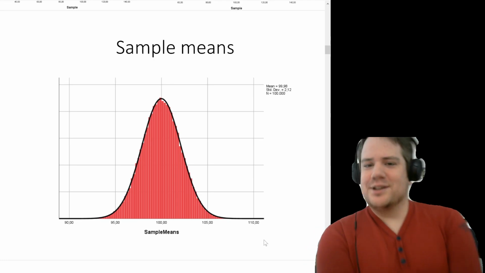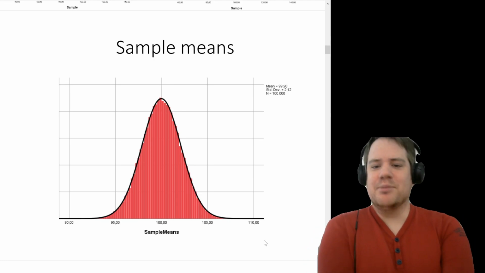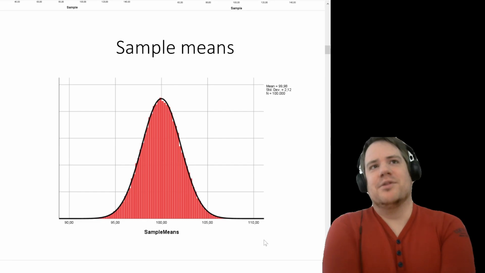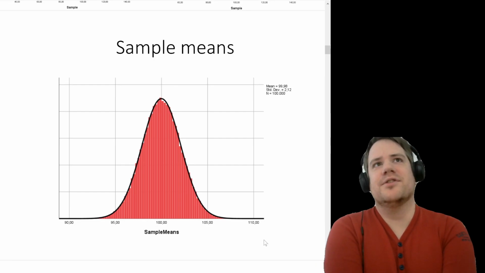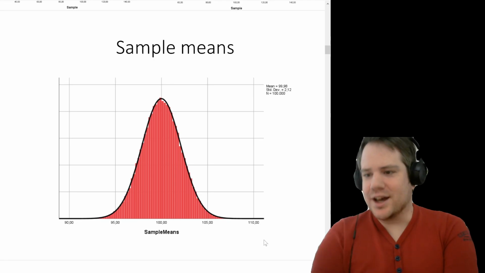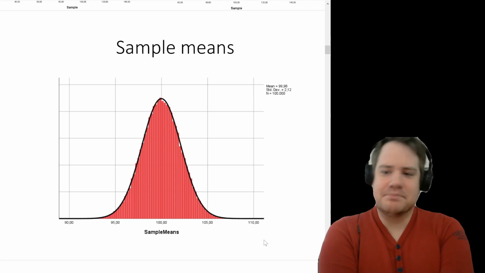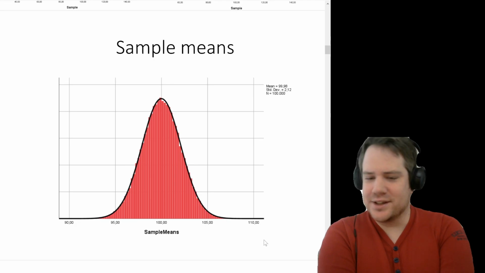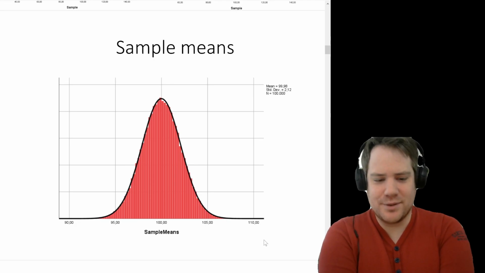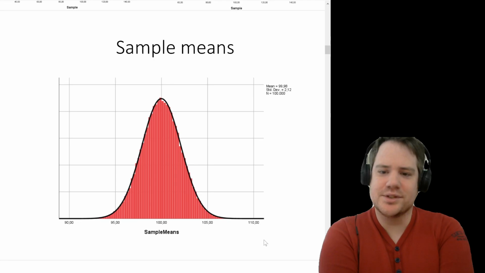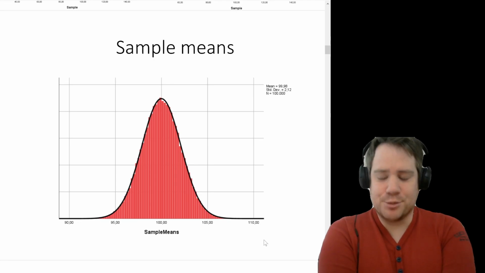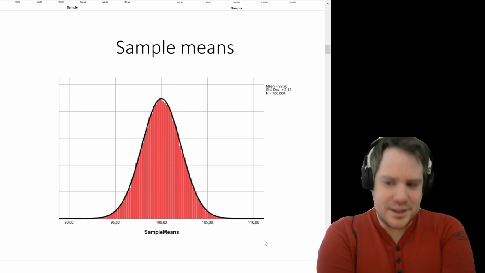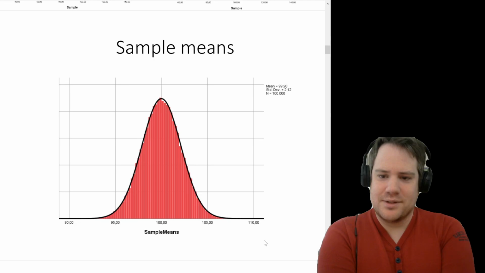Either way, the point here is, the sampling distribution answers the hypothetical question: if I were to take, in this case, 100,000 samples, just to have a really big number, because that's the idea, and I were to record the sample mean for each of them, how would the sample means be distributed?